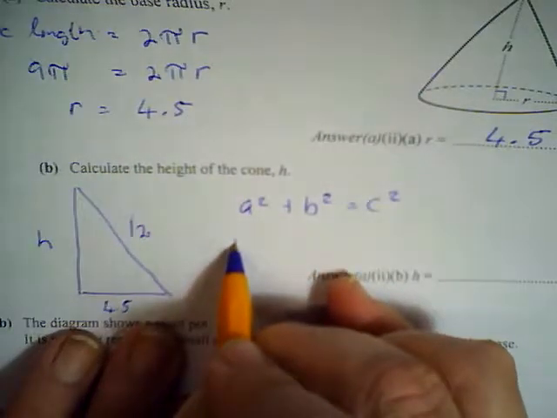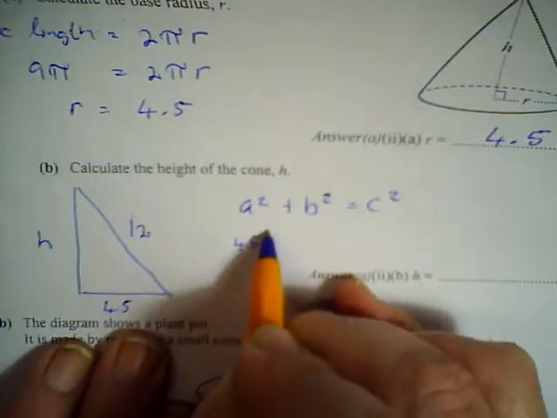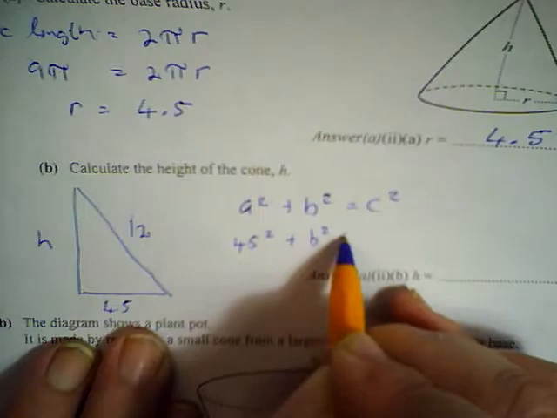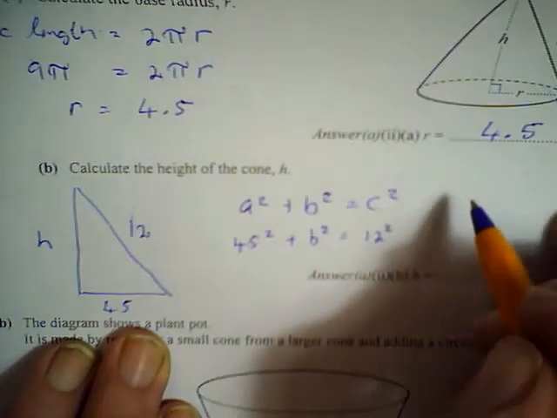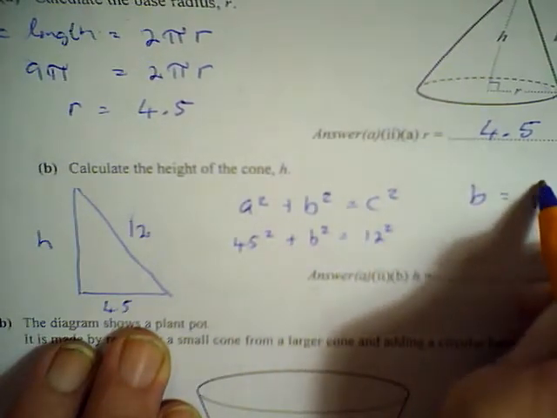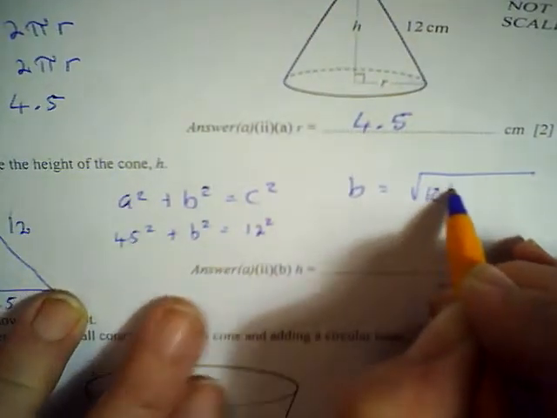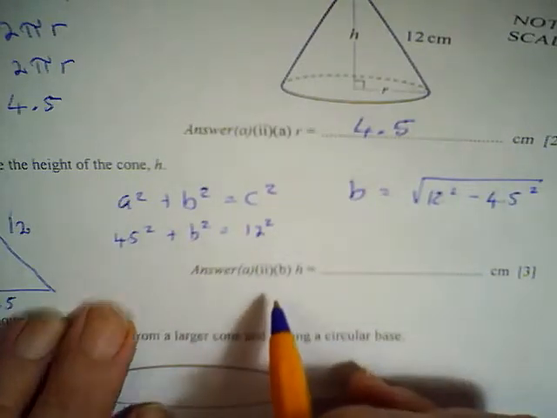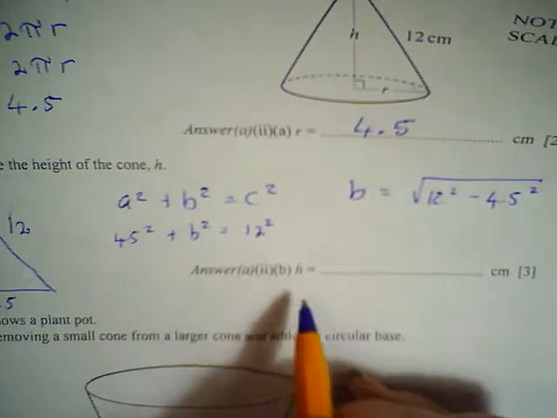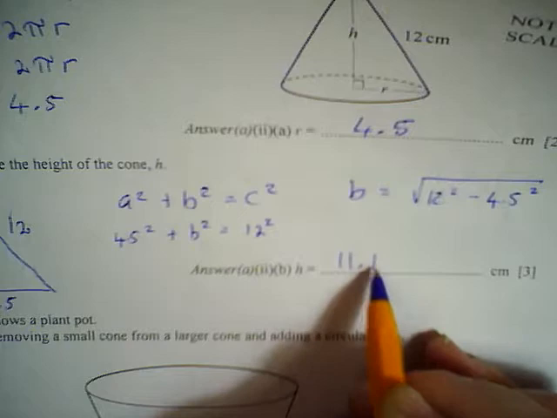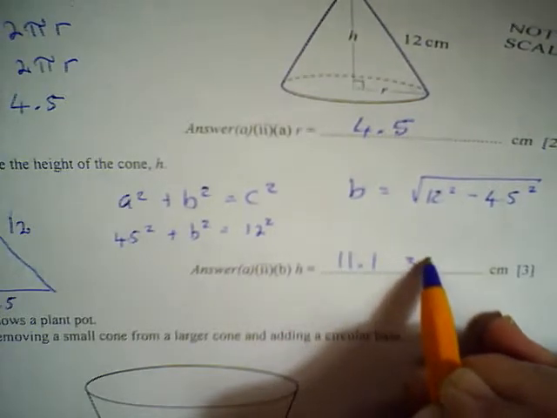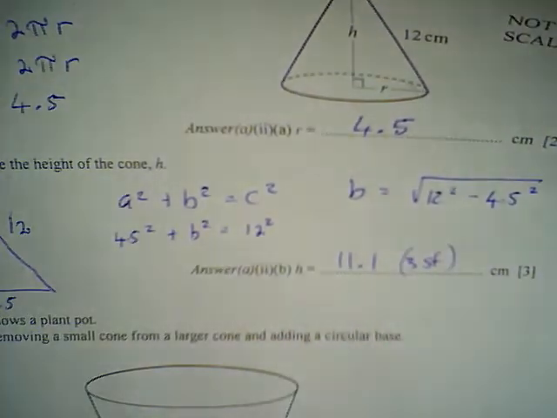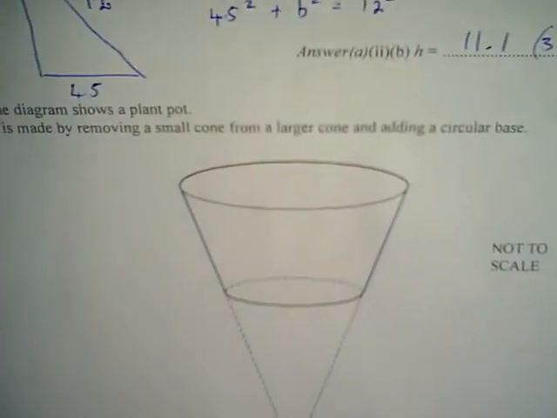We have 4.5 squared plus b squared equals 12 squared. I can just solve for b. B would be equal to the square root of 12 squared minus 4.5 squared. I can plug that into my calculator and I get 11.1 correct to 3 significant figures. Okay, good. So let's have a look at the next question.